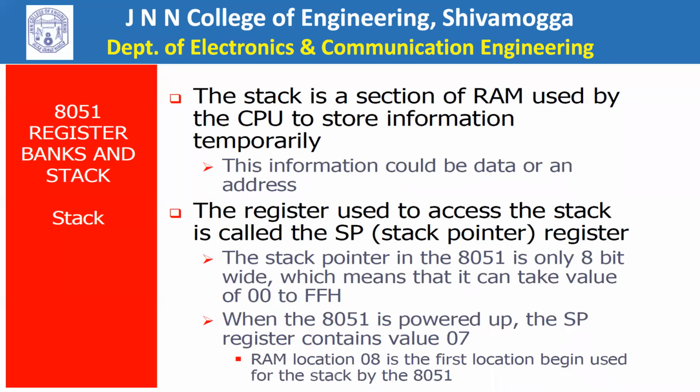The stack pointer in the 8051 is only 8 bits wide, which means it can take values from 00 to FF. As I already told you, when the 8051 is powered up, the SP register contains the value 07. The RAM location 8 is the first location used for the stack by the 8051.